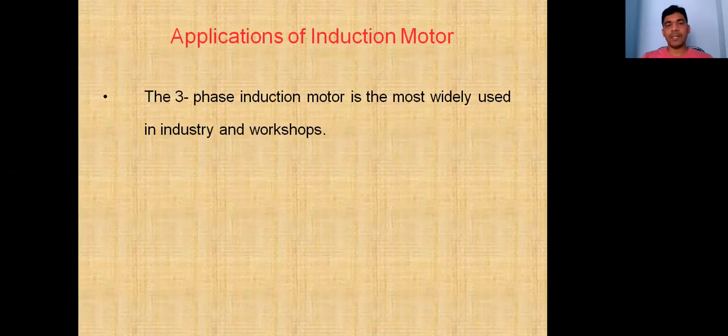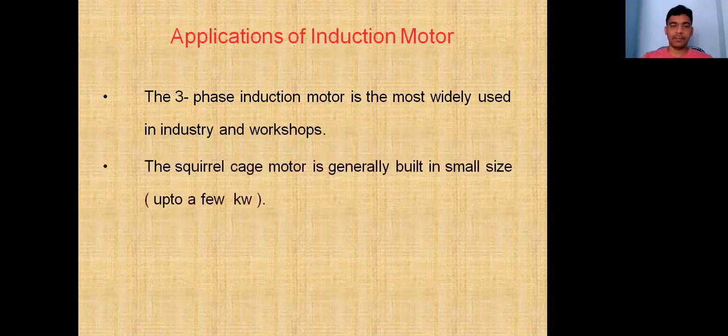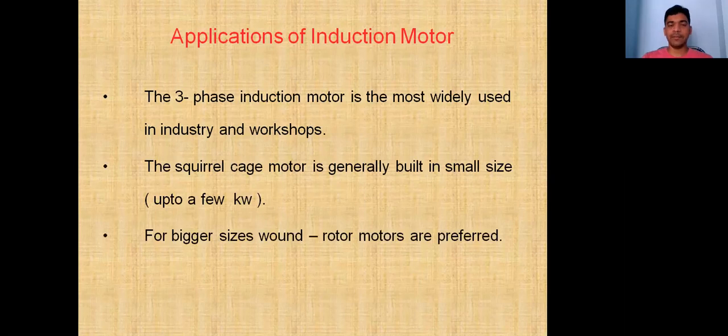Coming to the applications of induction motor, the three-phase induction motor is most widely used in industry and workshops. The squirrel cage induction motor is generally built in small sizes up to a few kilowatts.